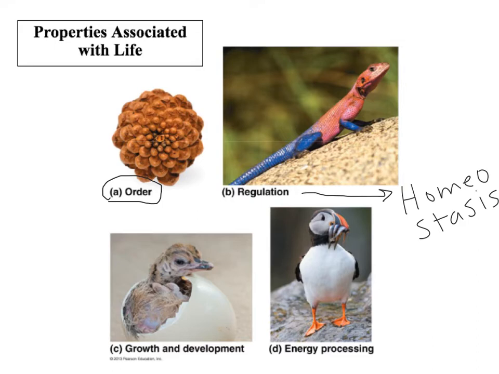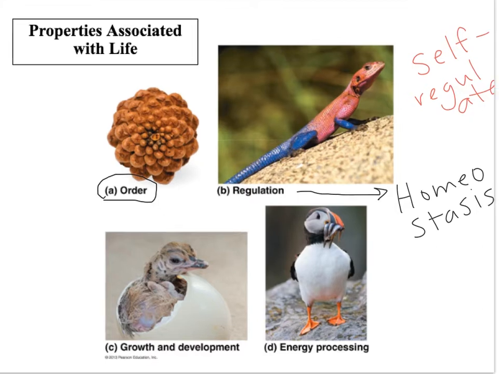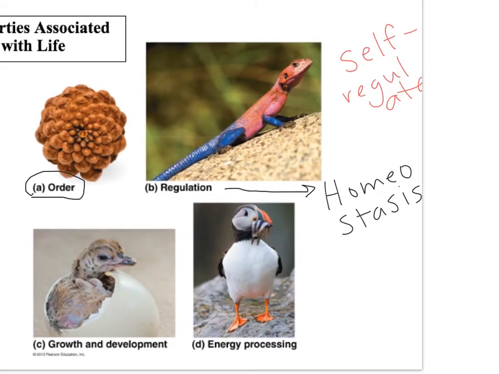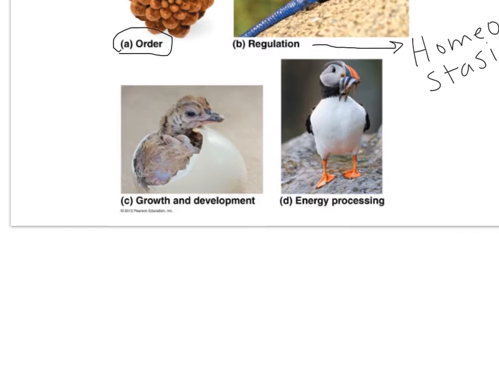That particular quality is basically the ability to self-regulate, or the ability to keep the inside of the organism different in some ways from the outside world. So, to maintain different internal conditions than external conditions.